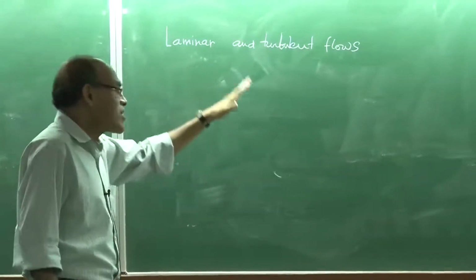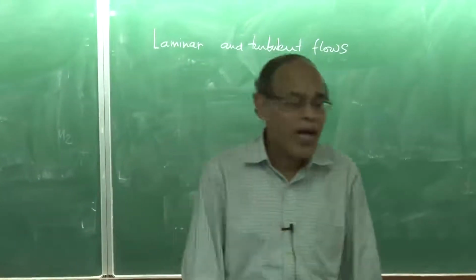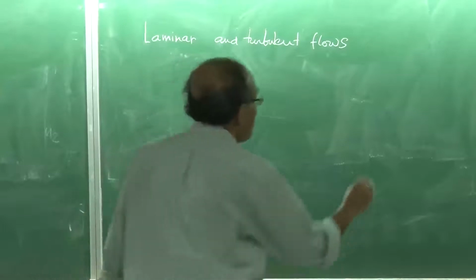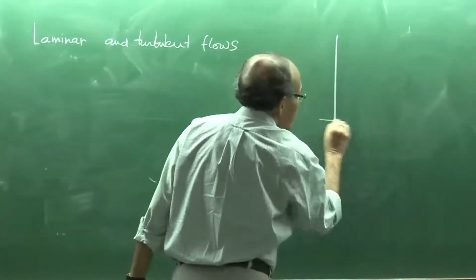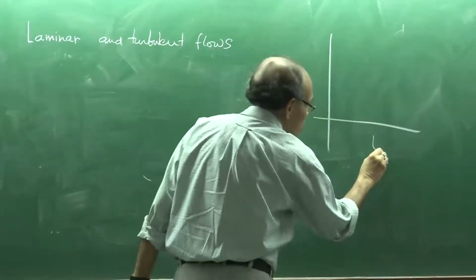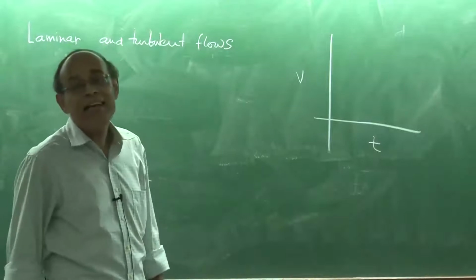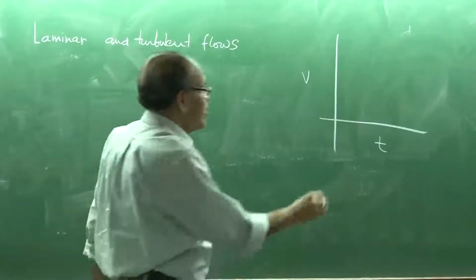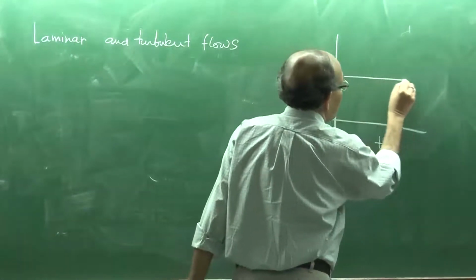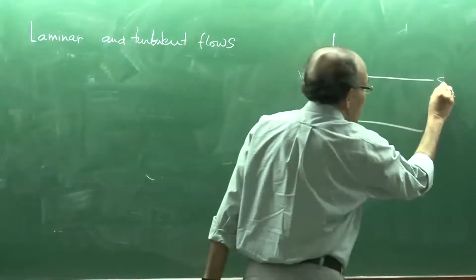So the flow may be steady, but even there may be subtle variations in the flow as a function of time. For example, to illustrate this point, if I measure the velocity as a function of time at a particular location in the system, and I say that it is a steady laminar flow, in that case my response will be constant. So this is steady laminar flow.